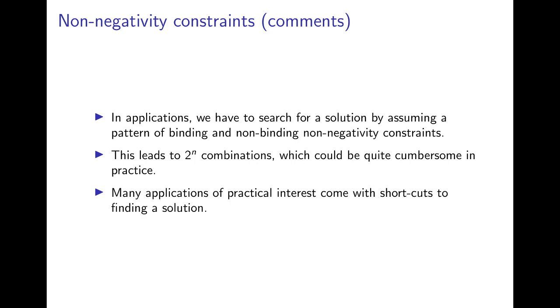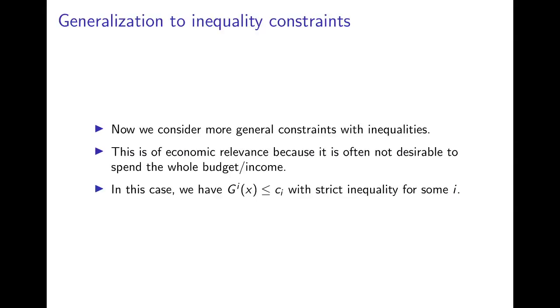The good thing is that in many applications, there are some shortcuts to finding a solution because we can rule out many of the combinations upfront because they do not make any economic or mathematical sense to begin with. Now there is a related but different generalization, and that is that the constraints might not hold with a strict equality.